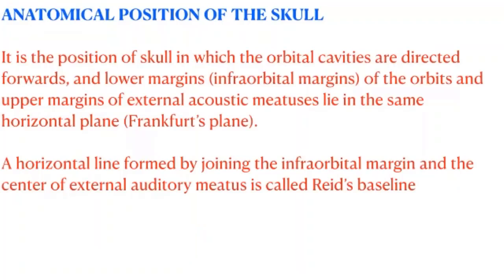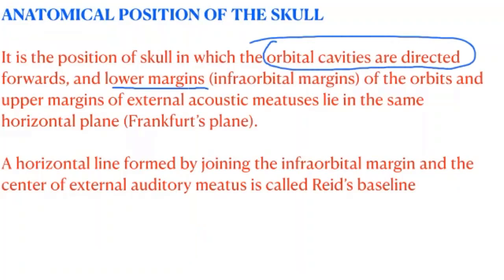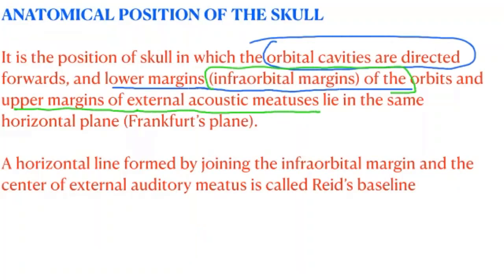Coming to another important thing, the anatomical position of the skull. It is the position of the skull in which the orbital cavities are directed forwards, and the lower margin of the orbits, that is the infraorbital margin, and the upper margins of the external acoustic meatus lie in the same horizontal plane, and that plane is called Frankfurt's line.